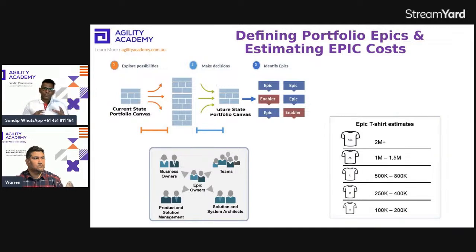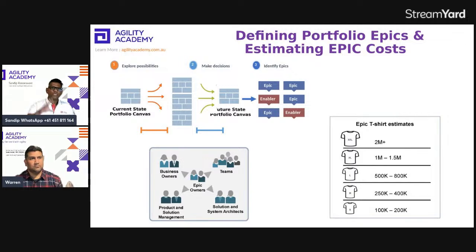This is quite an interesting topic where you apply a design thinking approach. If you haven't heard about the design thinking approach, human centered design thinking, it's a double diamond approach where you diverge and expand all possibilities of achieving whatever problems you are trying to solve, and then you converge and come up with a set of things which will help you to fulfill that vision.